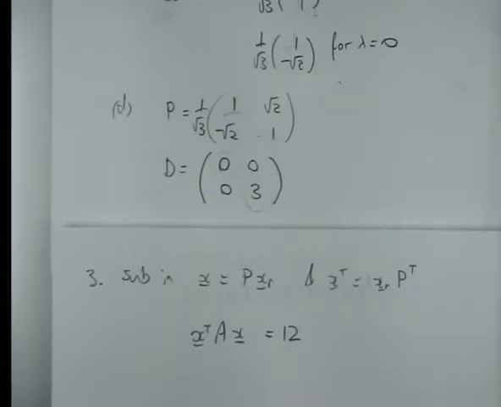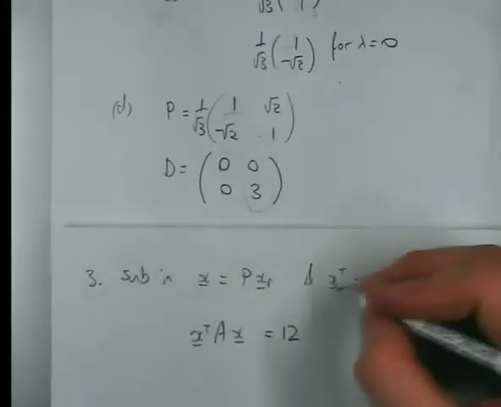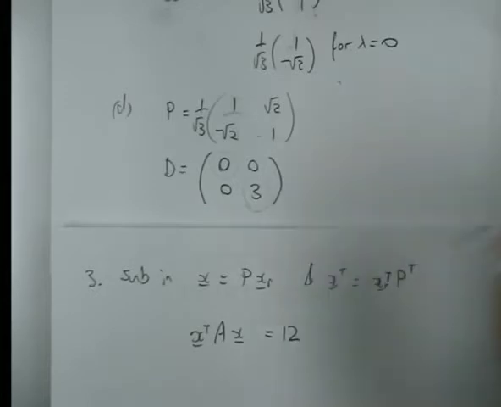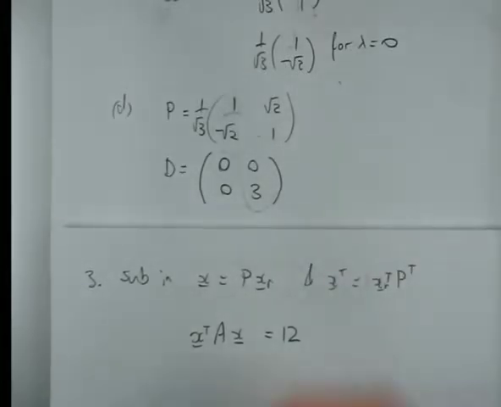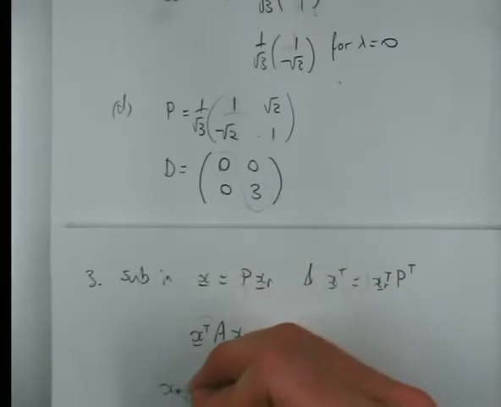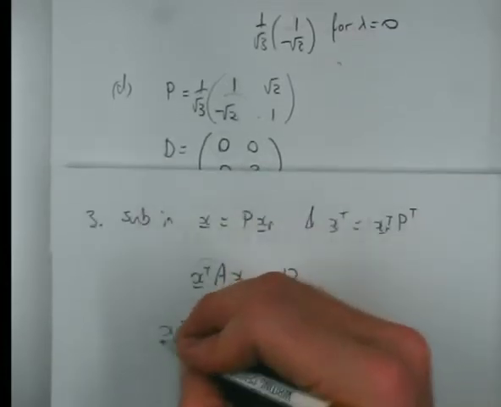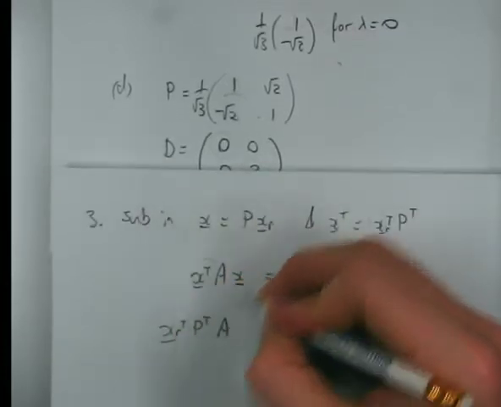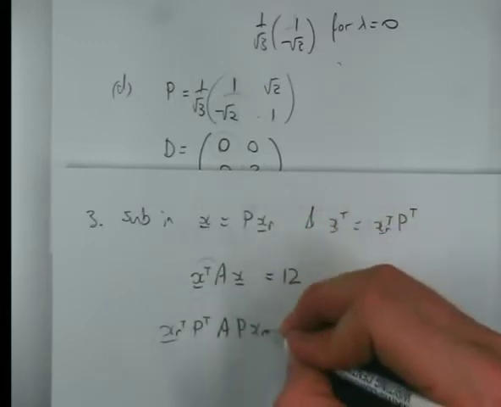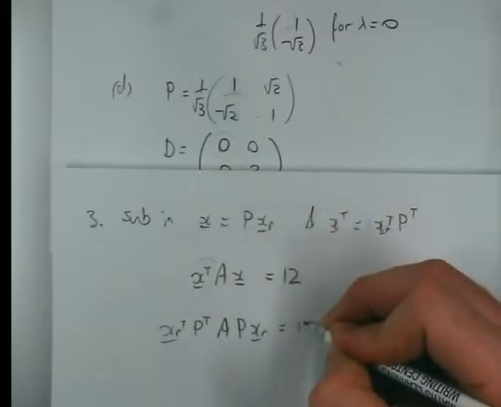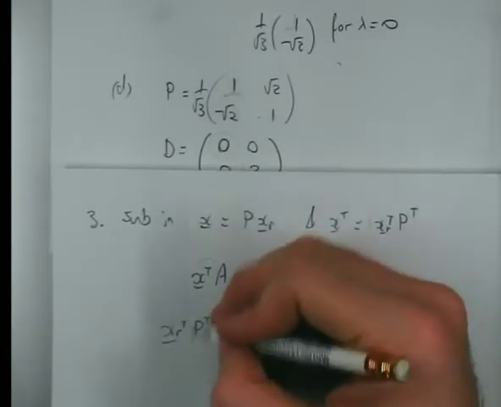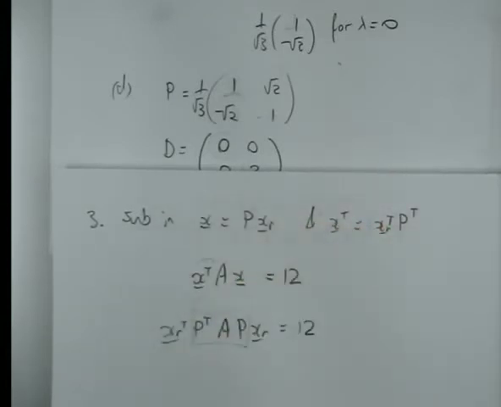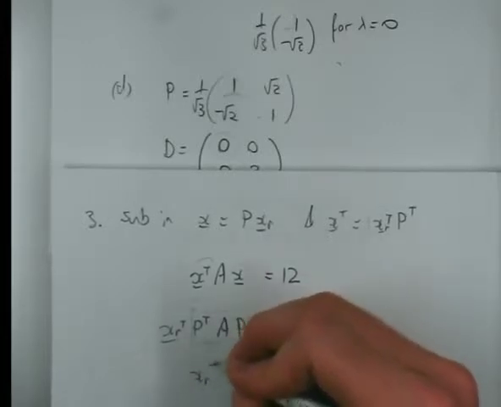This says that I need to replace the x transpose with x_R transpose P transpose, and this x is replaced with P x_R, like that. And I know that P transpose A P is actually D, because that's the whole point of this process.